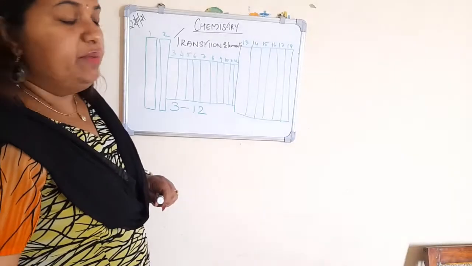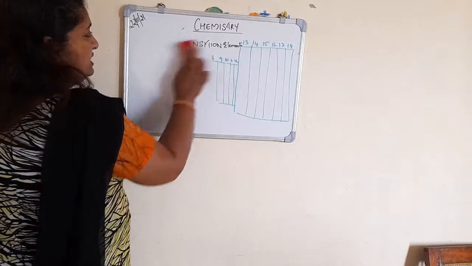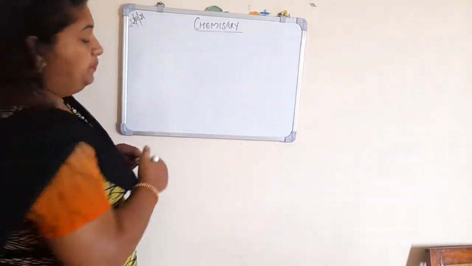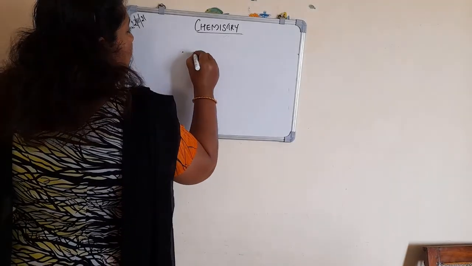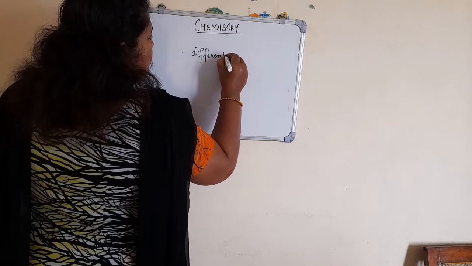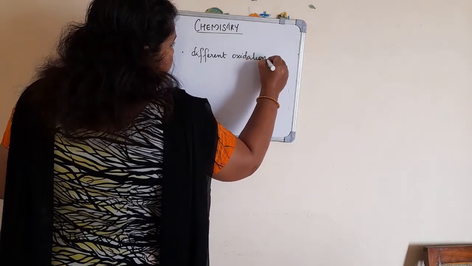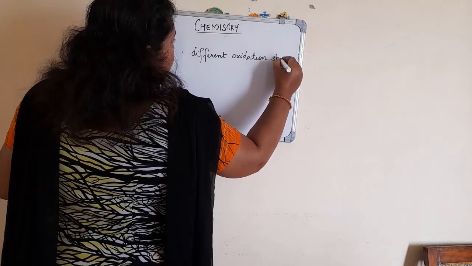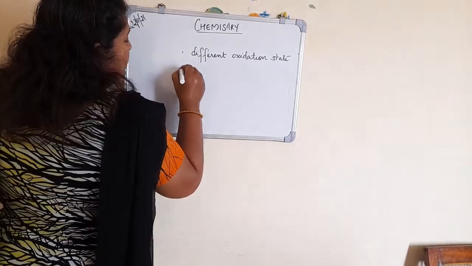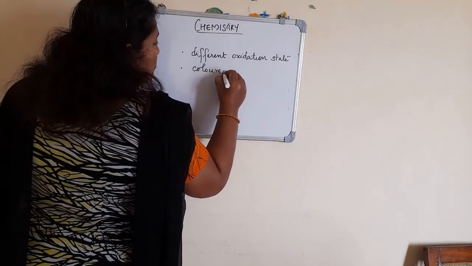These transition elements have a peculiarity, that is, they have some characteristics. A general property of these elements is that they show different oxidation states.